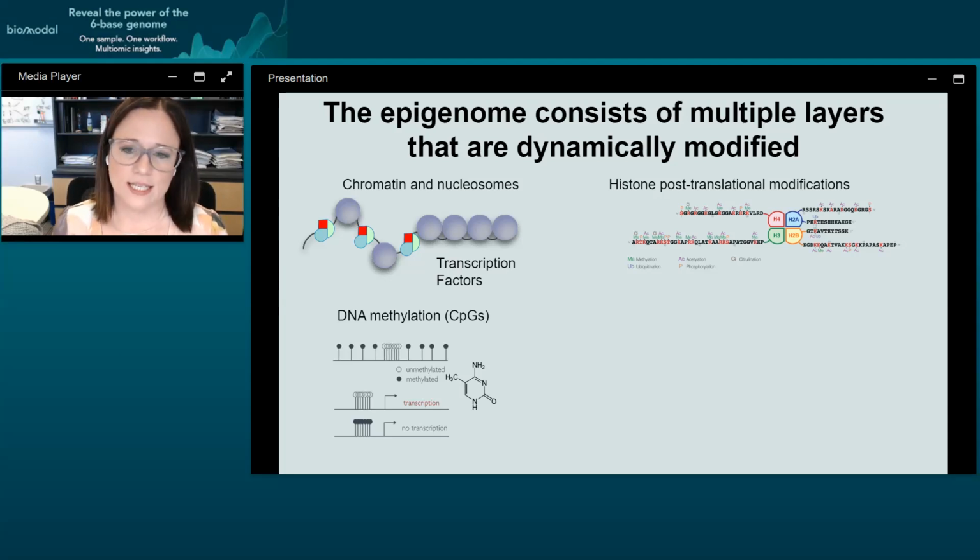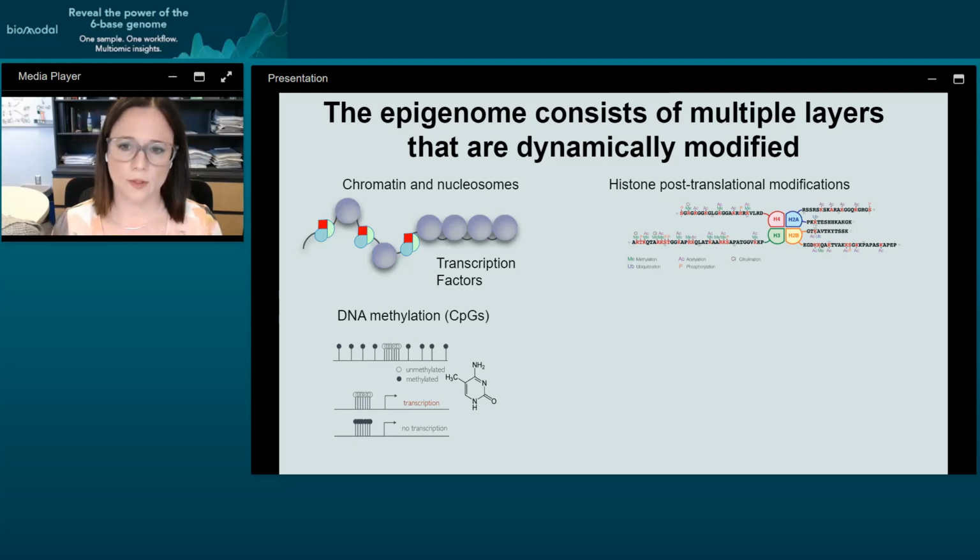And then there's DNA methylation, which itself is pretty special because this modification happens directly to DNA in the context of CG dinucleotides. And the textbook understanding around DNA methylation is that if you have DNA methylation at a gene regulatory element like an enhancer or promoter, it's transcriptionally repressive, whereas if you don't have DNA methylation, that's considered transcriptionally permissive.